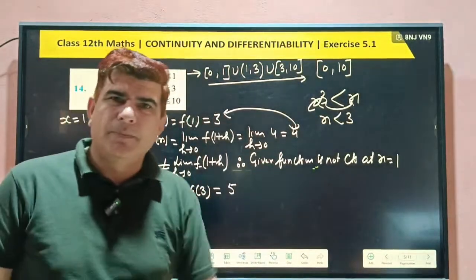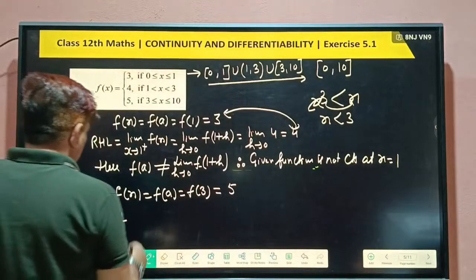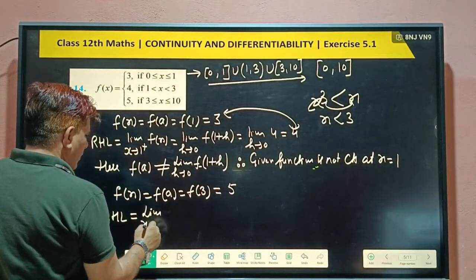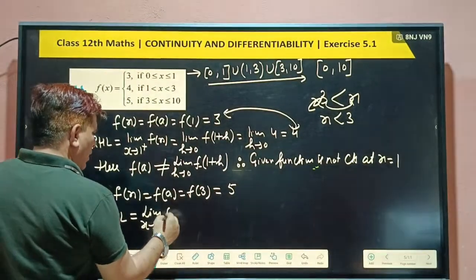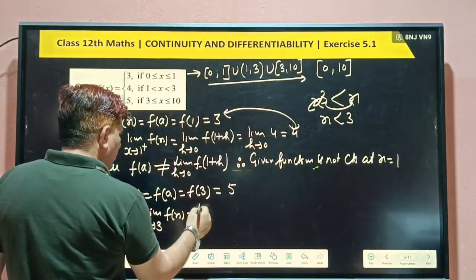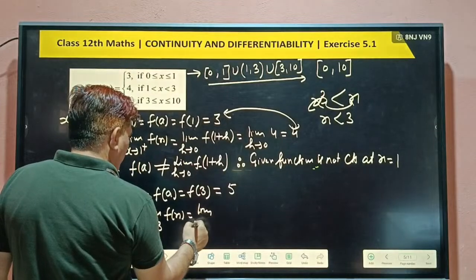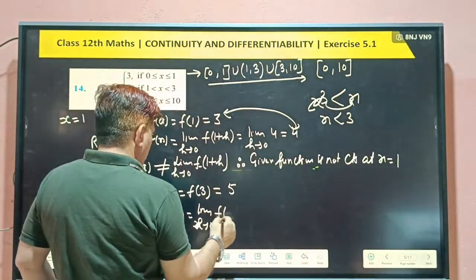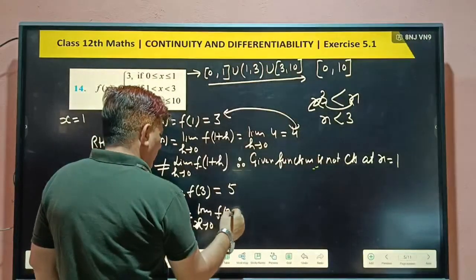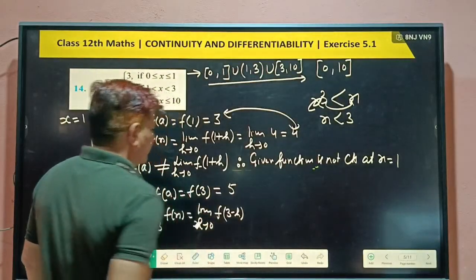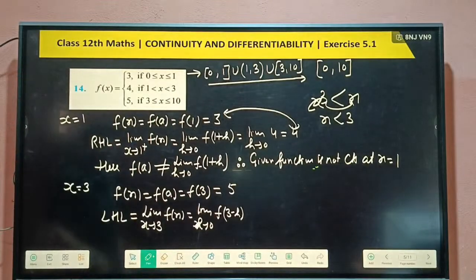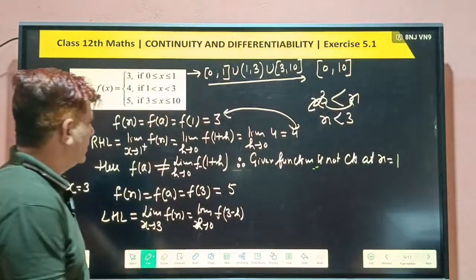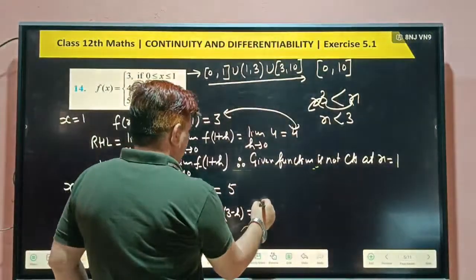LHL equal to limit x tends to 3 of f(x), equal to limit h tends to 0 of f(3 minus h). 3 minus h is here, which is again equal to 4.